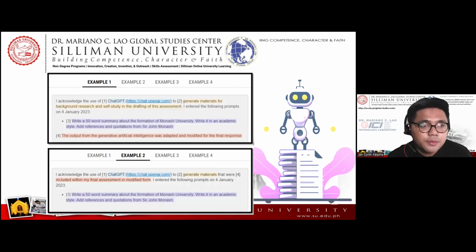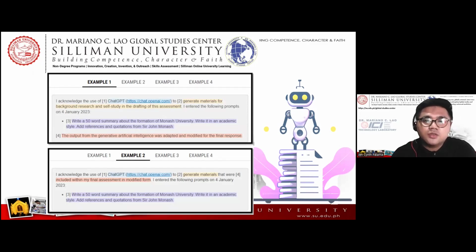I acknowledge the use of ChatGPT. We need to say you acknowledge that you're using ChatGPT to generate materials, to generate content, right? Very good. For background research, self-study, and drafting of this assessment.